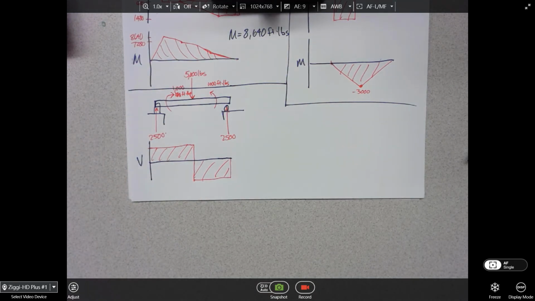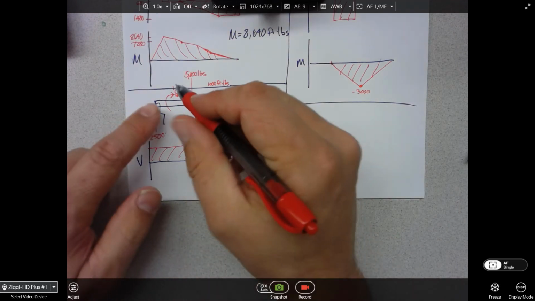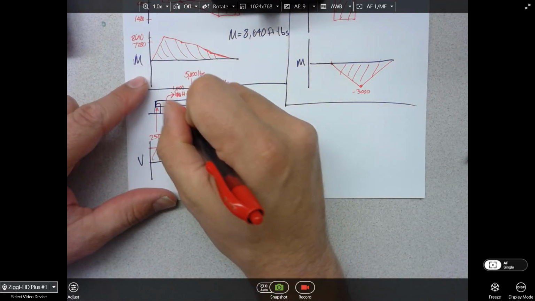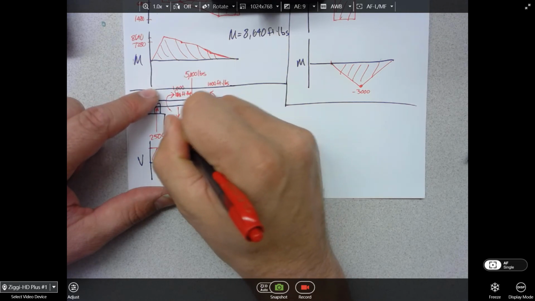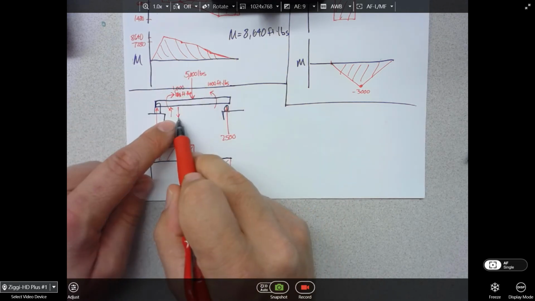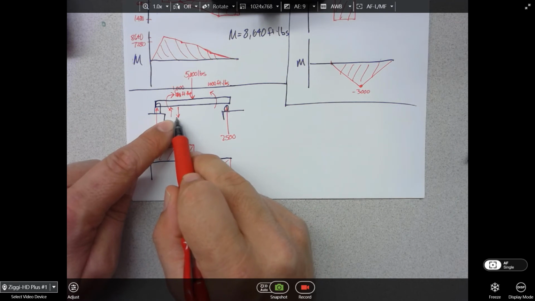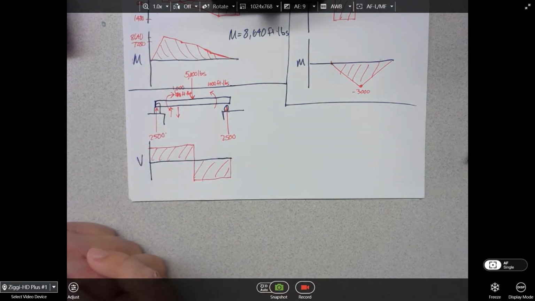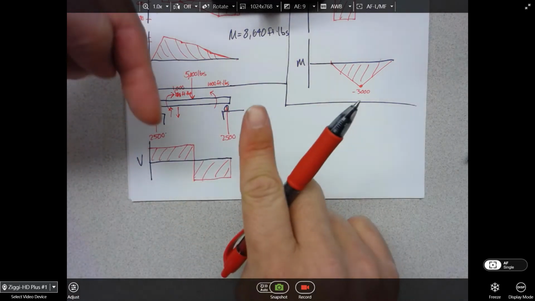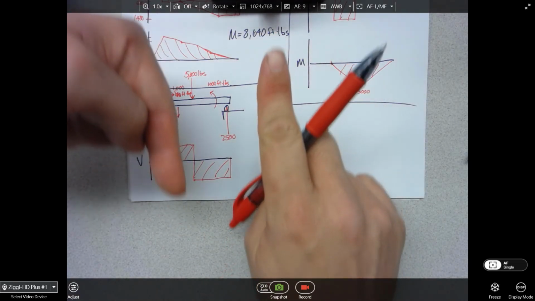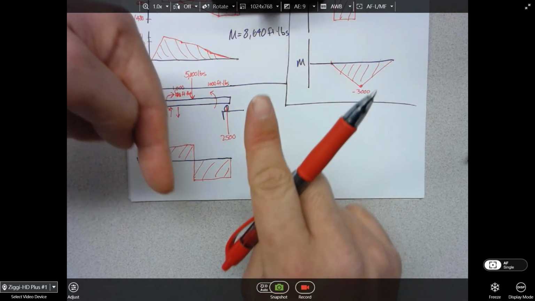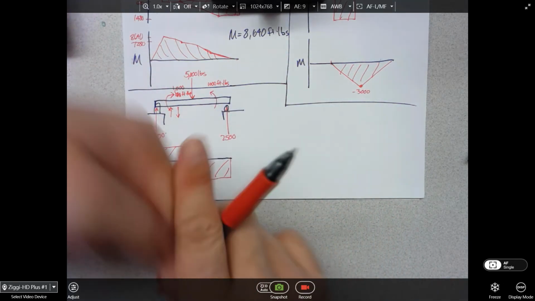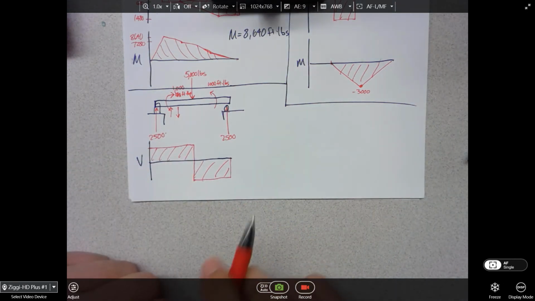So those couple moments don't do anything, which makes sense because remember, a couple moment is just saying that in this case I've got a force going down and a force going up, so their net shear is 0, but their net twisty is 1,000 foot-pounds. Right? Remember that a couple moment is just the same as having two forces in equal and opposite directions. They cause a twist, but they don't cause any shear. Okay? They cancel each other out in the shear department.